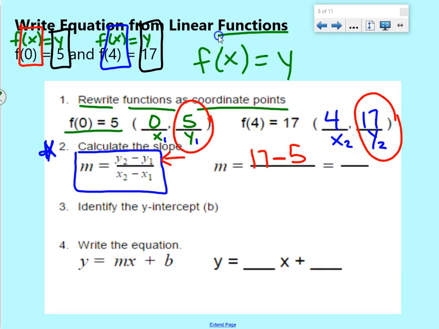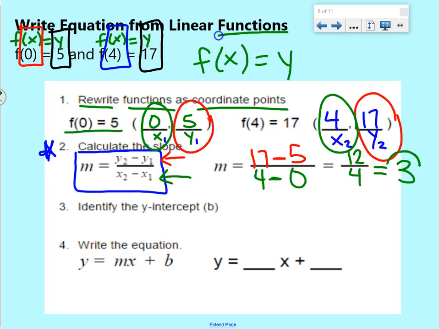On the bottom is our x's. In our denominator, we have x2, which is 4, minus x1, which is 0. 17 minus 5 is 12. 4 minus 0 is 4. 12/4 can be reduced to 3, so that is your m.